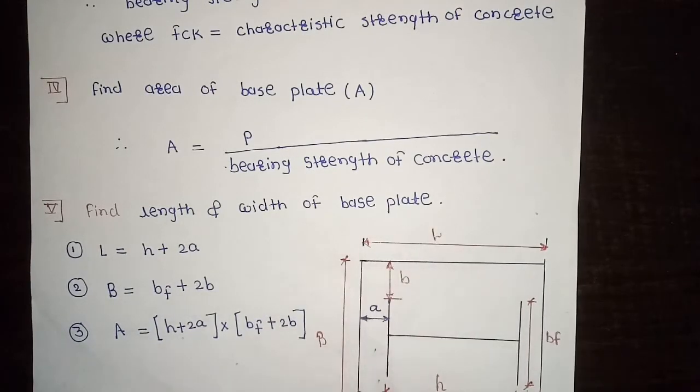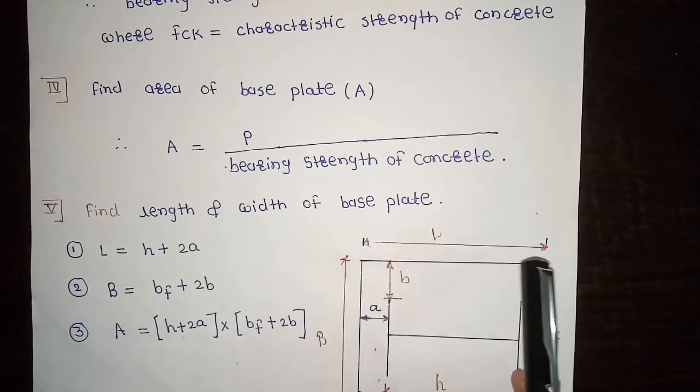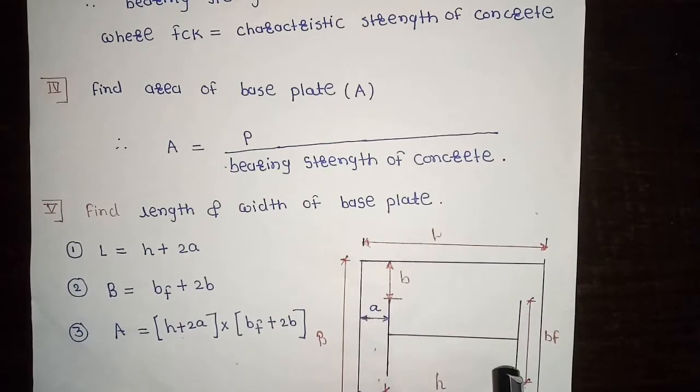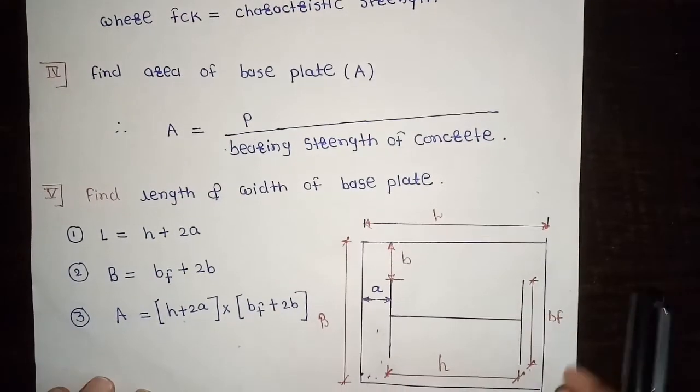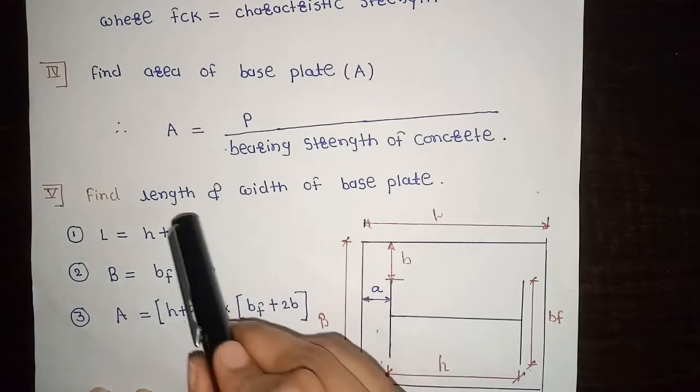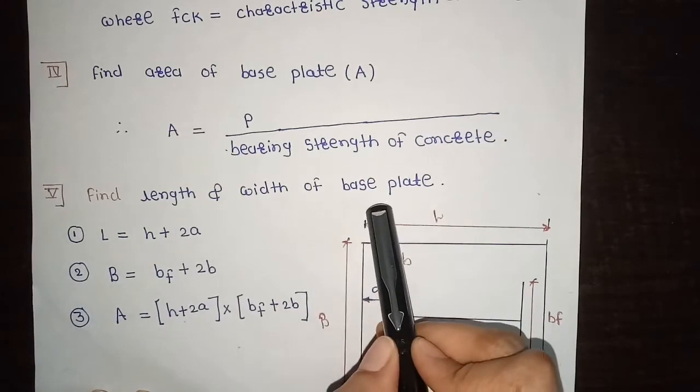Suppose this is the base plate having width of base plate B and length of base plate L, and this is the I section. The I section has depth H. So how to calculate length and width of base plate?